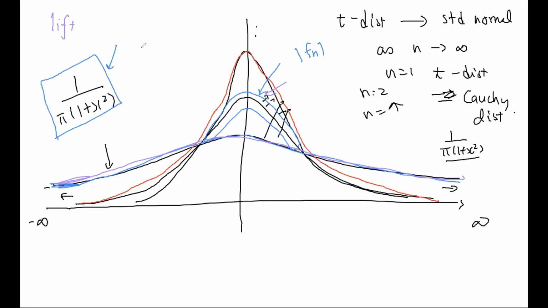So lift it where? Take this purple curve, and lift it where?